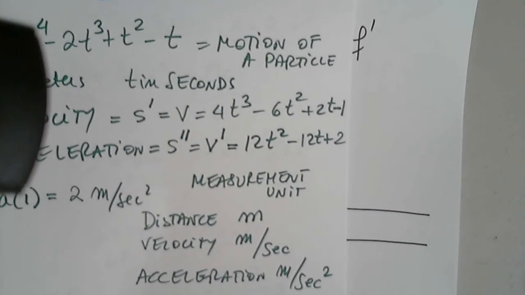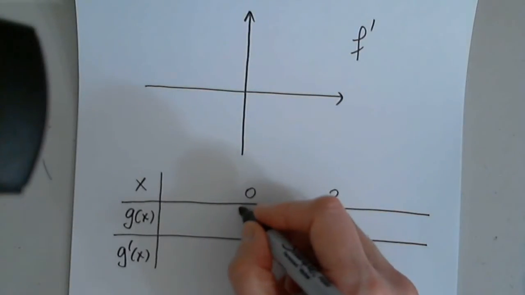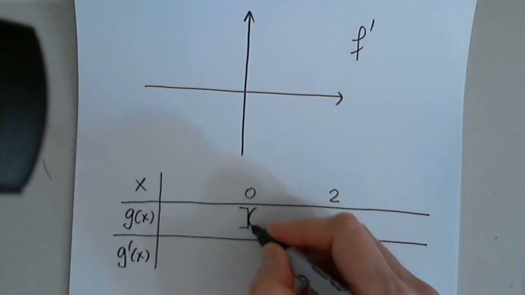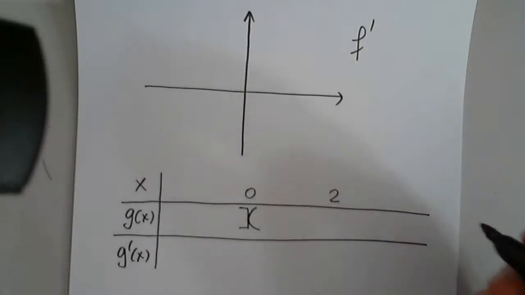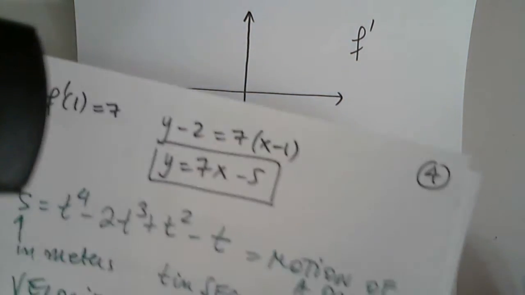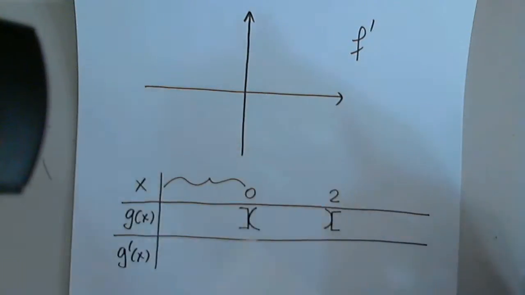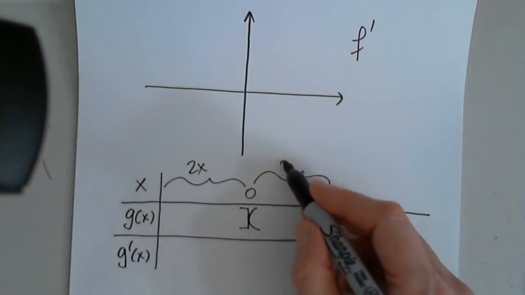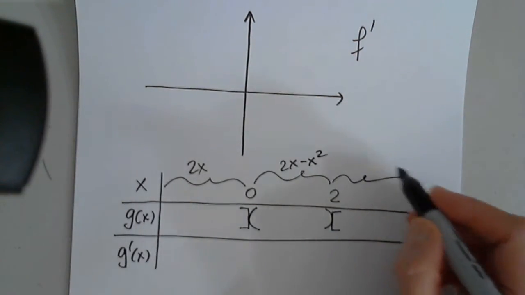And 0 has a bracket to the left and a parenthesis to the right. They're touching. And then the same thing on the other side, but a parenthesis and then a bracket. This piece uses 2x. This piece, 2x minus x squared. And the last piece, 2 minus x.